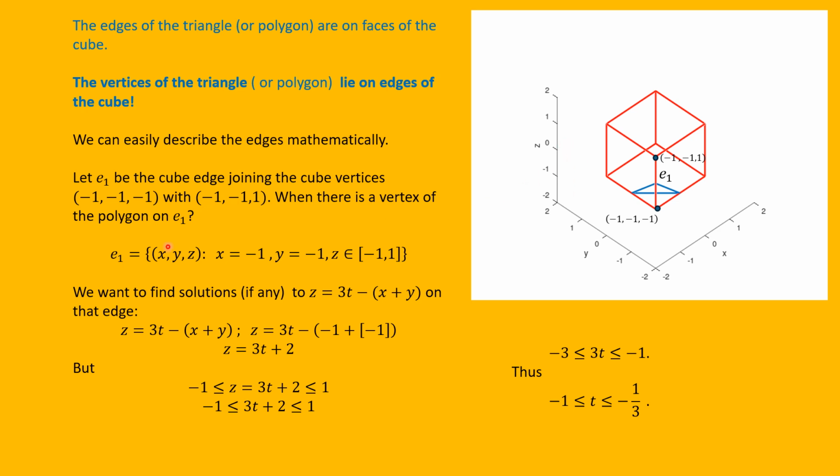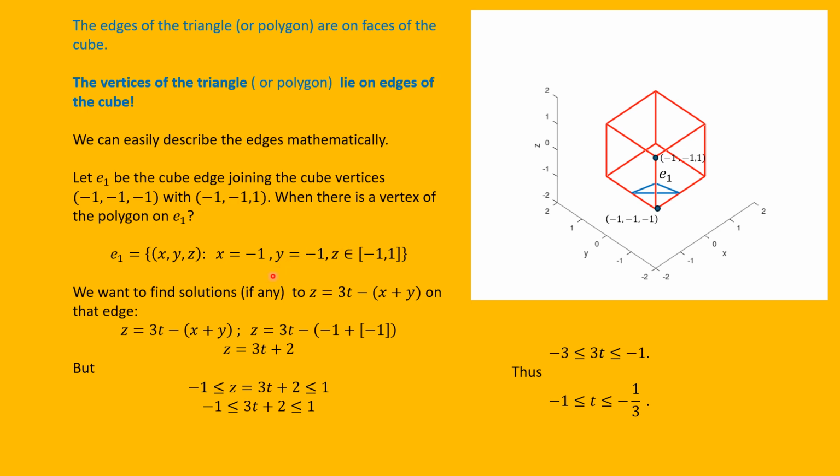So we can say that E sub 1 is a set of points (x, y, z) such that x and y are both minus 1 and z has to be between minus 1 and 1. So can there be a vertex? When will there be a vertex on this edge E1?